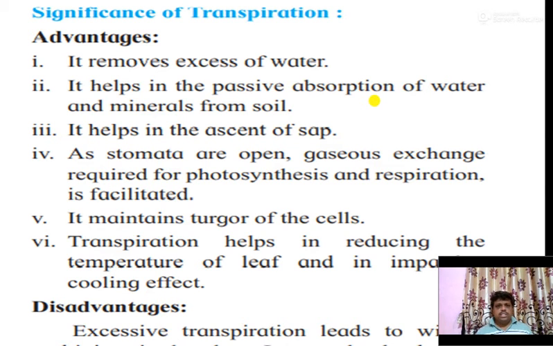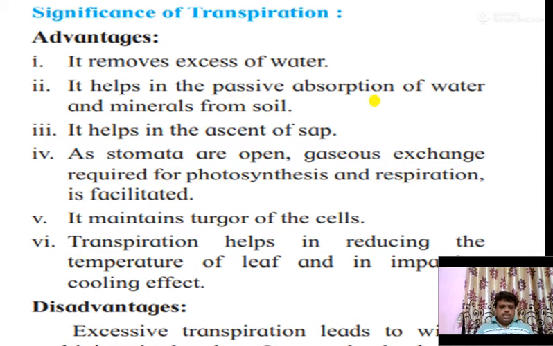Let us move towards the significance of transpiration. First, see the advantages. First advantage is it removes the excess of water. Second, it helps in the passive absorption of water and minerals from the soil. Third, it helps in the ascent of sap.